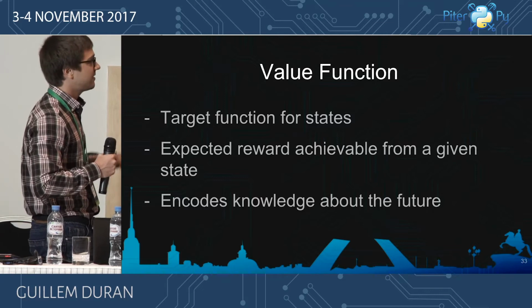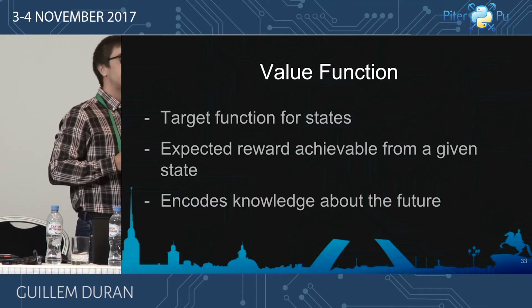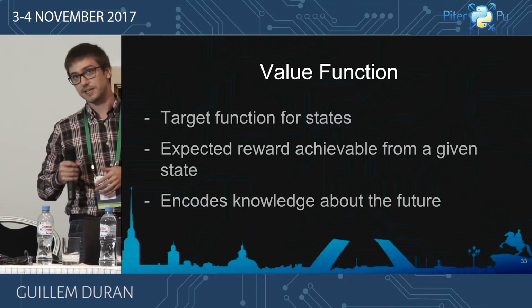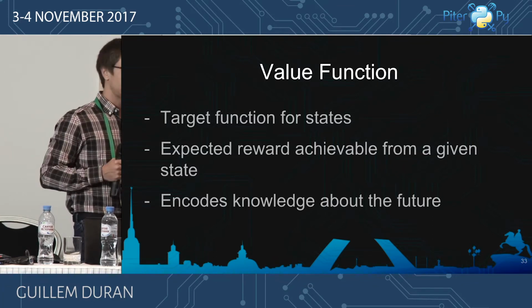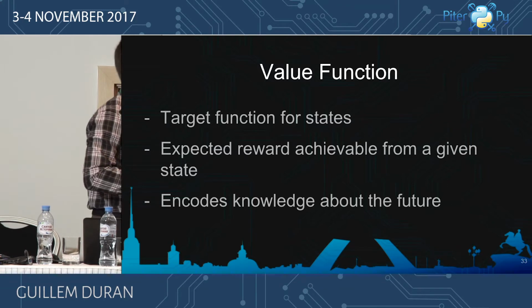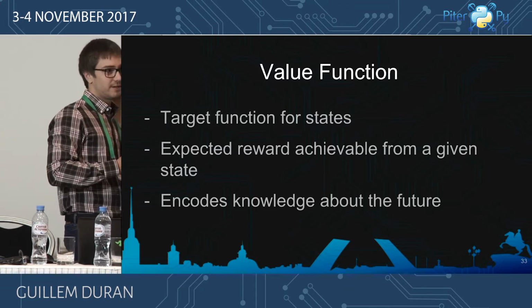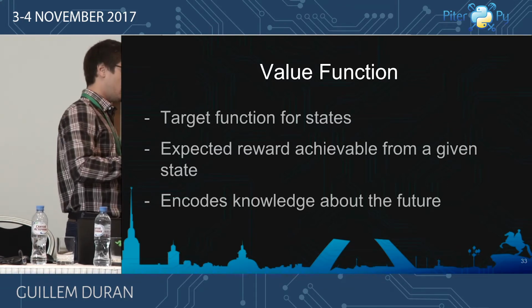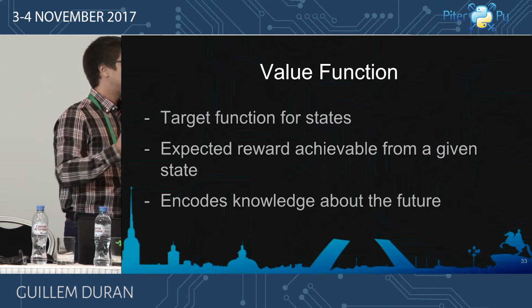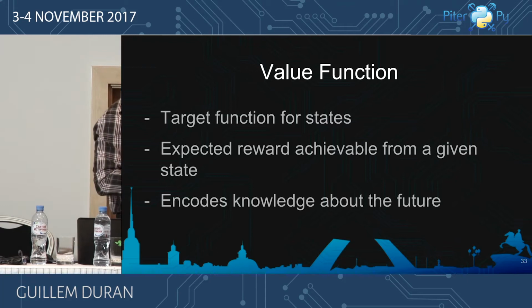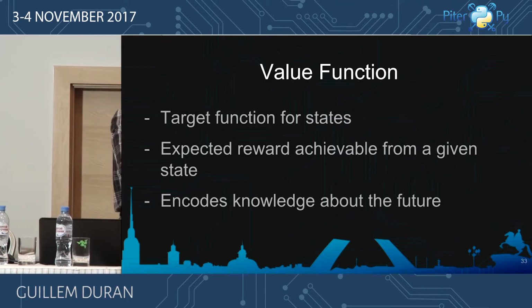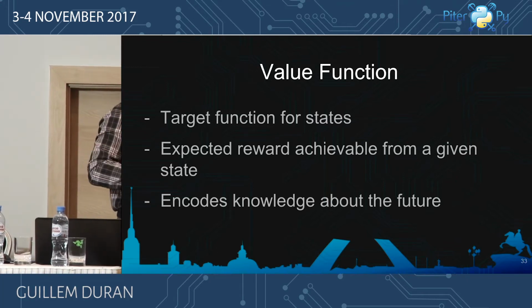It is a function that assigns a scalar to each one of the states. And this scalar works as some sort of long-term reward. We said the rewards were an instantaneous score. But here, when we try to build this value function, what we're trying to do is assign a long-term reward to each one of the states.